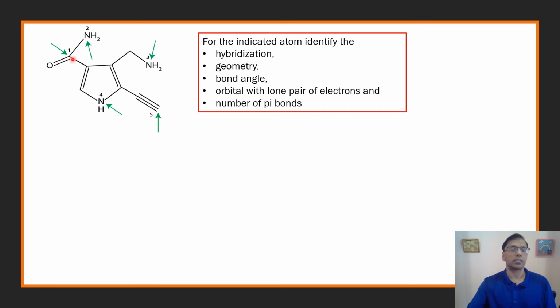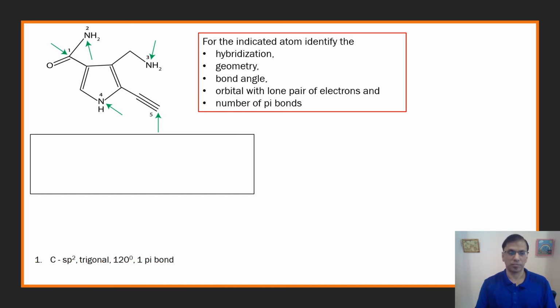In this case, this is the carbon atom right here, and it's attached to another carbon here, a nitrogen here, and an oxygen here, and it has this pi bond. So this carbon atom will be sp2 hybridized. The bond angle will be 120 degrees and it has one pi bond.